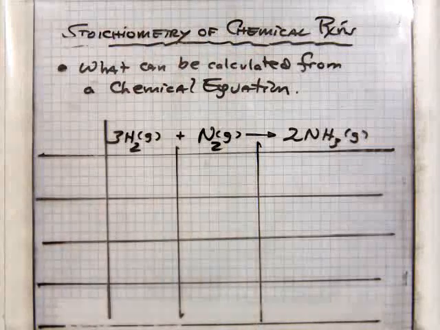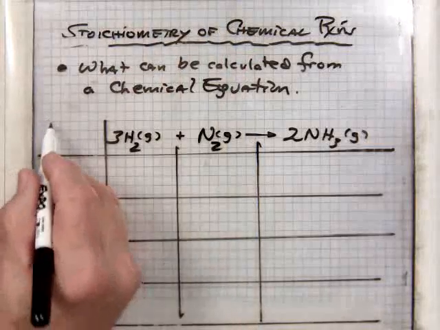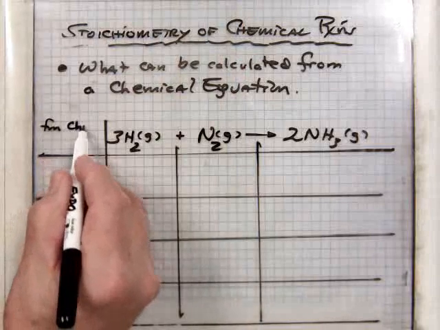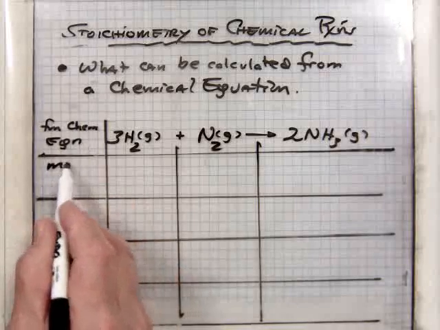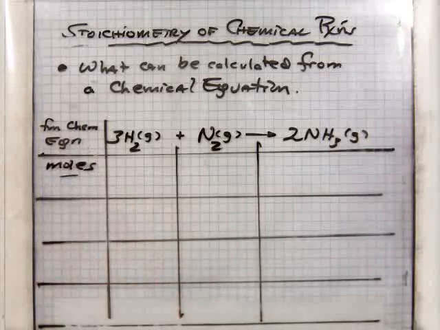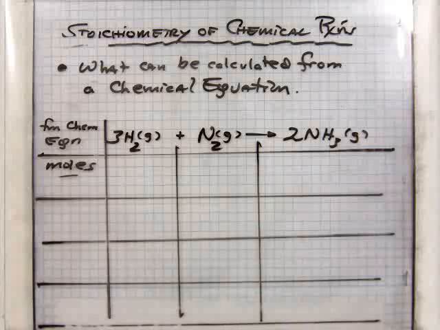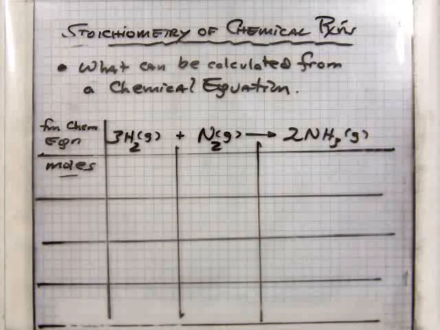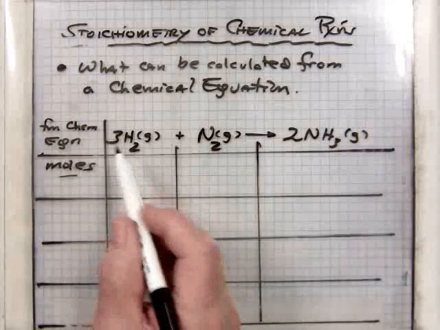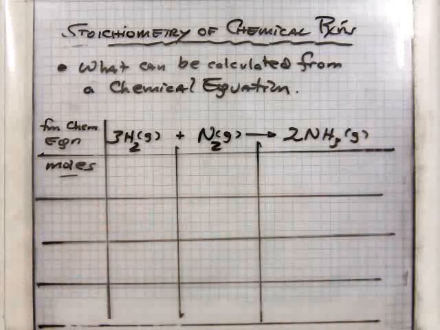Well, the first thing from a chemical equation, we can calculate moles. What's a mole? It's the mass of substance containing one Avogadro's number of particles. So that can be a formula weight. One mole weight is the quantity of sample, a mass number that contains one Avogadro's number of particles. The coefficients of the balanced equation are moles.